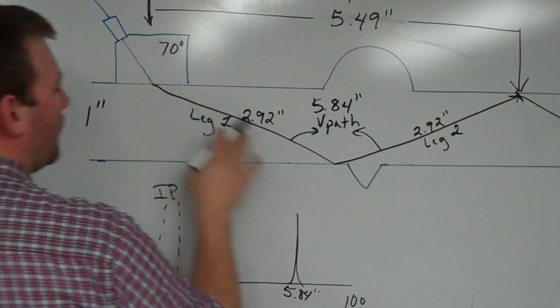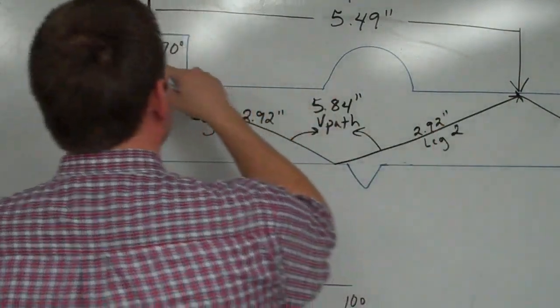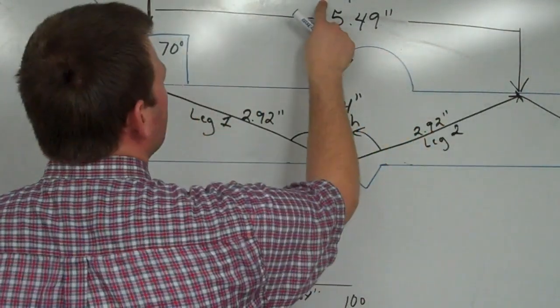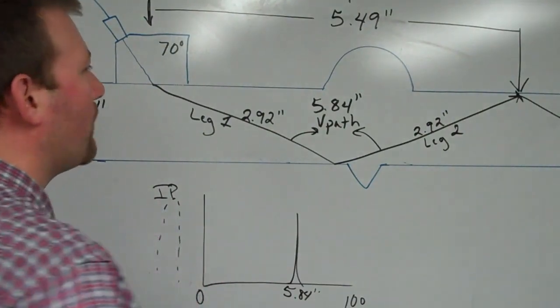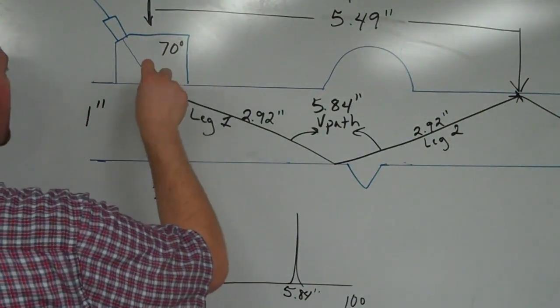So, from one V path, meaning where the sound enters a part to where the sound hits the top of the part again, that distance along the surface is called a skip distance. If we were trying to figure out where that sound actually is, we would put a transducer right here, at the beam exit point.